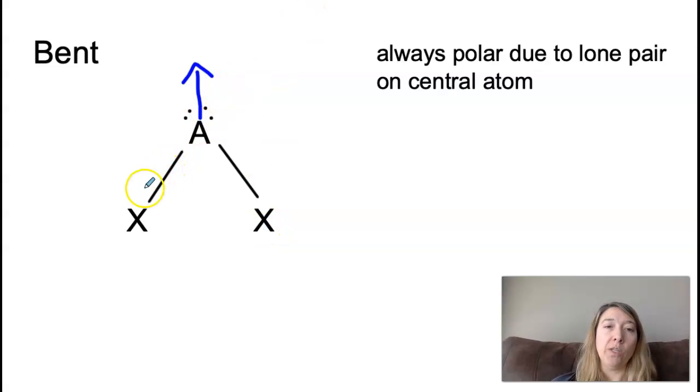If we find, though, that the X's are more electronegative than the A, then it's pulling this way and this way. So when we draw our arrows for molecular polarity, we only want to draw one arrow. So because both of these are pulling this way, we're going to go with what's in the middle, and we're going to pull this way.